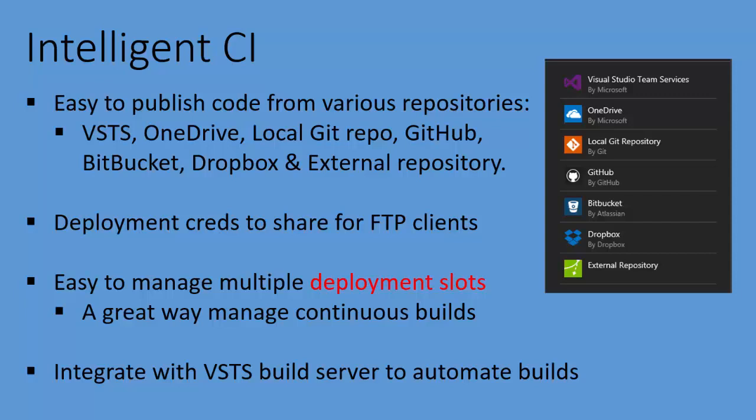Also, one of the greatest features that we have with the app service is the ability to create deployment slots. Think about it like this: I created my web application, my demo site, and I need a deployment slot for the development edition, for the UAT, for the staging, and for production. You can easily manage the deployment slots. Each one will have a unique URL and even unique settings.